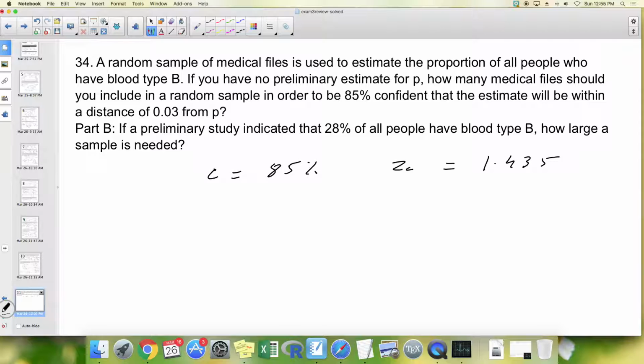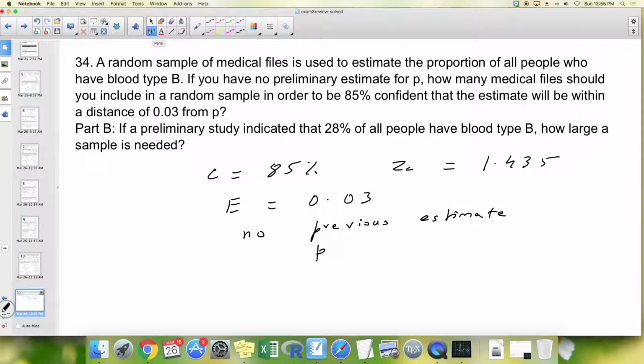We have already done that. All right, so here E equals 0.03, and we have no previous estimate in the first part.